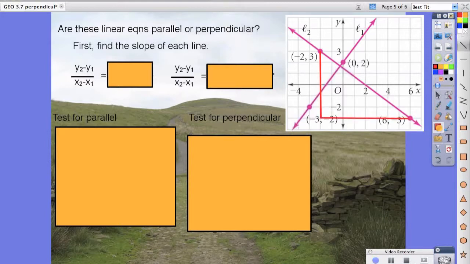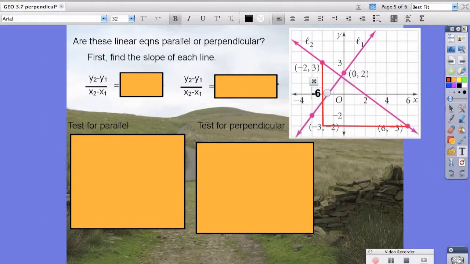The reason why I chose these lines is because I wanted it to make a right angle, and they also gave us 2 points to test out. So to go from this point up here to this one down here, we have to go 1, 2, 3, 4, 5, 6 down. So we would write -6, just to keep tabs on that.